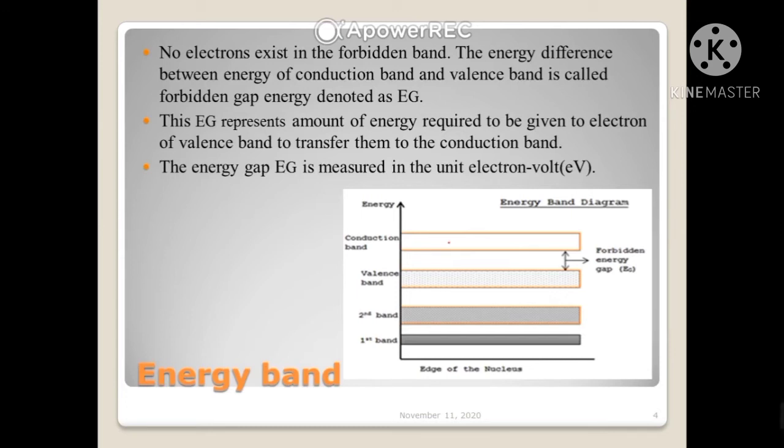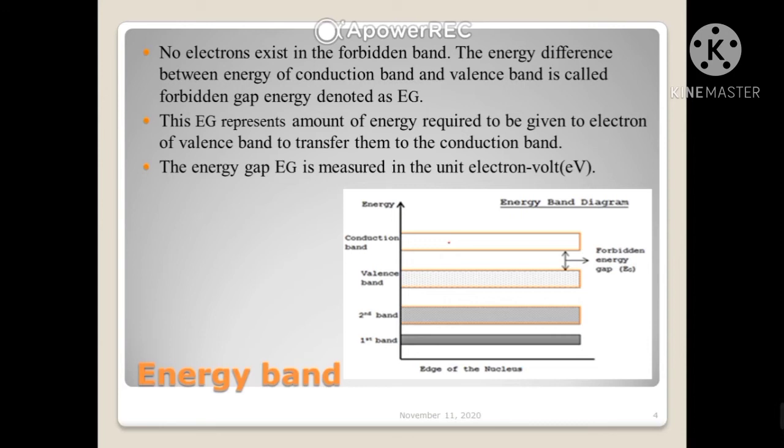No electrons exist in the forbidden band. The energy difference between the conduction band and the valence band is called the forbidden gap. It is denoted as Eg. Eg represents the amount of energy required to transfer an electron from the valence band to the conduction band. Eg, the energy gap, is measured in electron volts, eV.